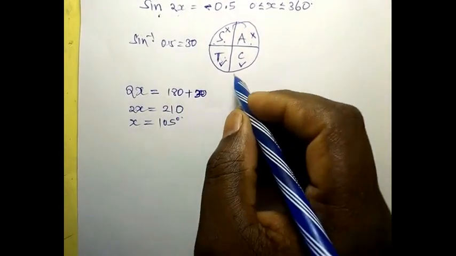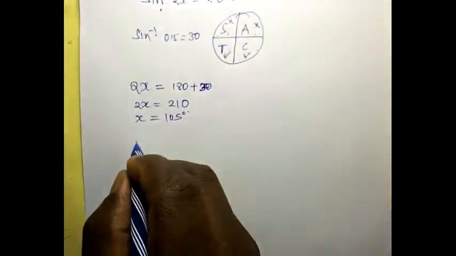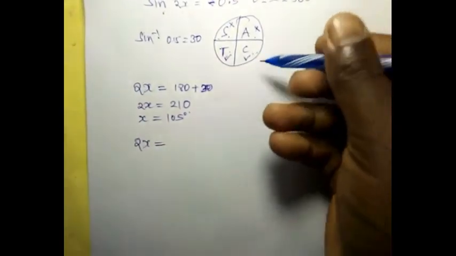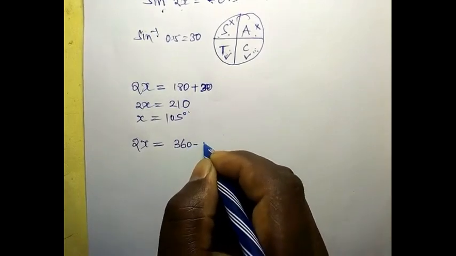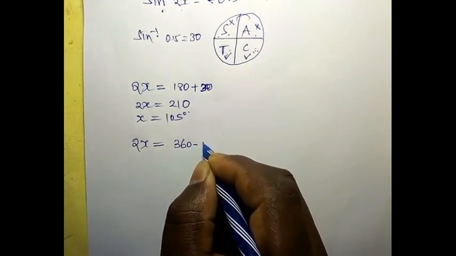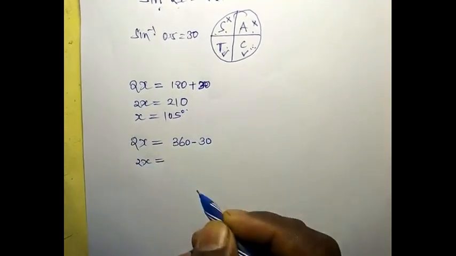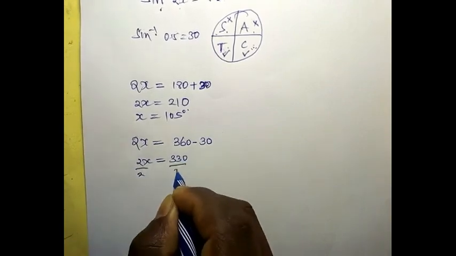Our next angle is found in the fourth quadrant. How do we get the angle at the fourth quadrant? The fourth quadrant is 360 minus theta. Our theta is 30. So we subtract, that is 2x is equal to 330. So we divide by 2 both sides.